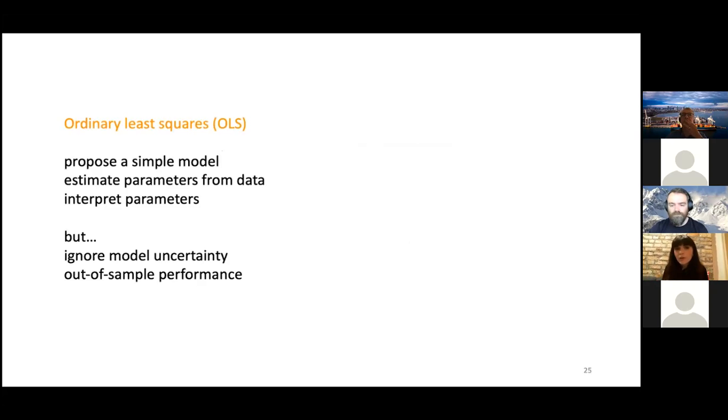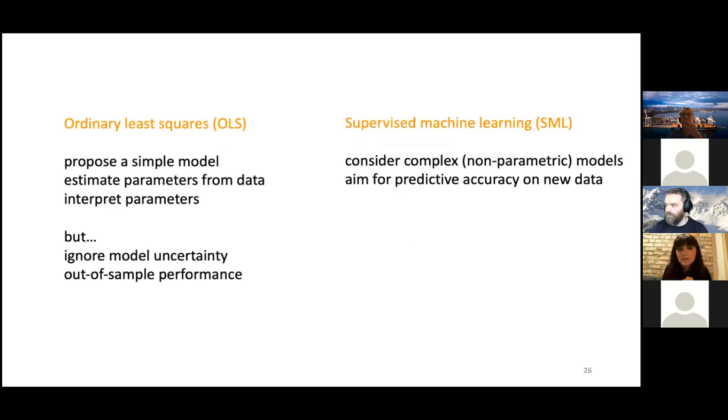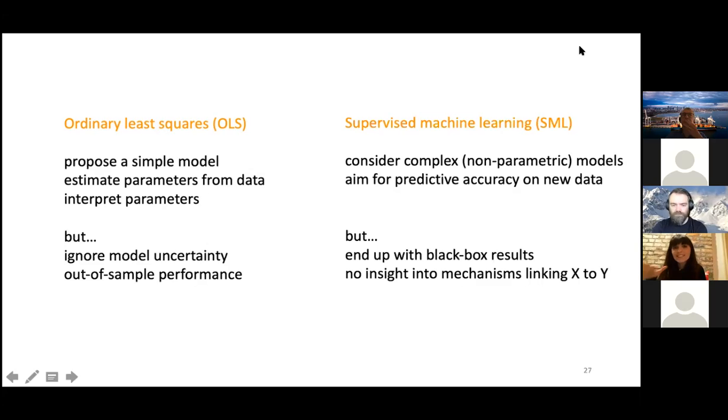But we often ignore model uncertainty, and we don't consider out-of-sample performance. In supervised machine learning, we consider complex, non-parametric models, and our goal is predictive accuracy. But the downside is we might end up with a black box model. We often do not get insights into what the mechanisms linking X to Y are.